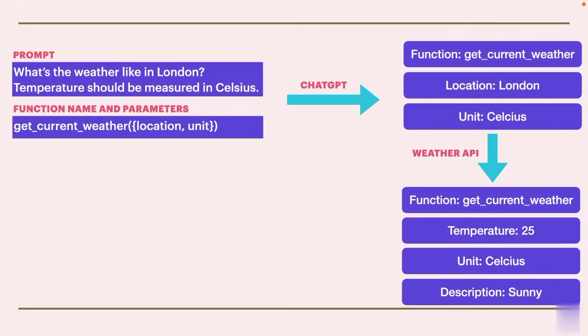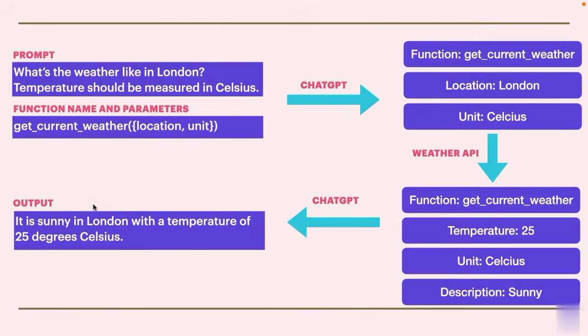So we're going to run another request to ChatGPT with the weather information in order to get the final result to display to our user. And this time the output is going to be something formatted in natural language describing the weather to the user. So as you can see here, we've got a chain of requests.